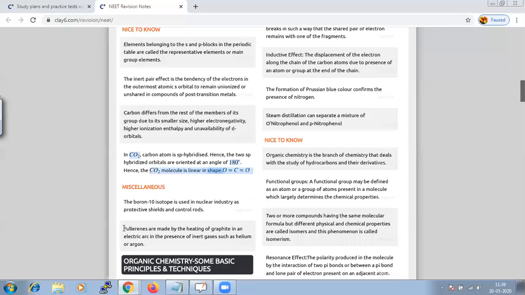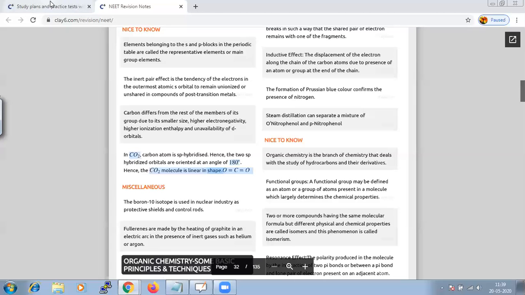Fullerenes are made by heating graphite in an electric arc in the presence of inert gases such as helium or argon. So it is very important to note how we reach a conclusion by learning the concepts and properties. This is what we had about p-block elements based on our understanding.